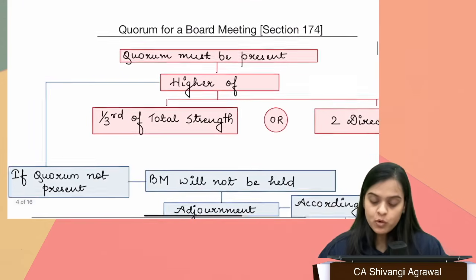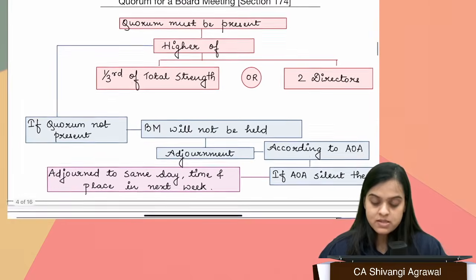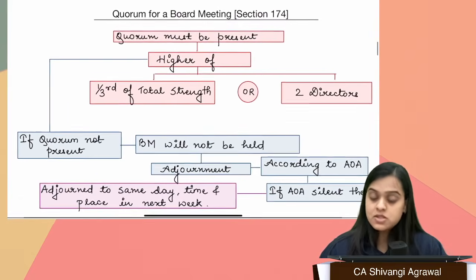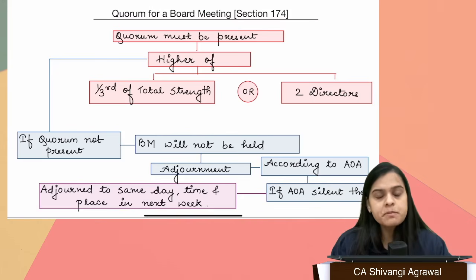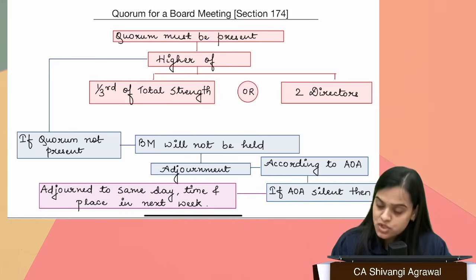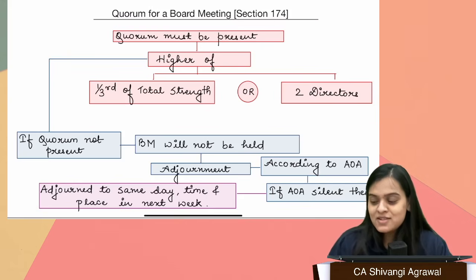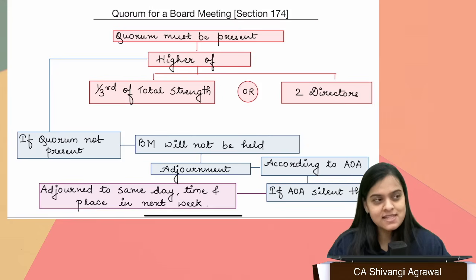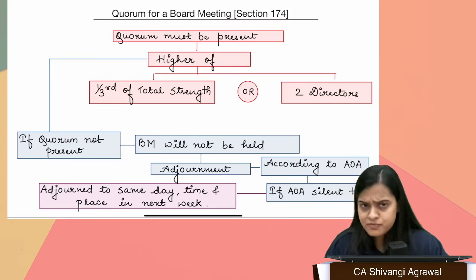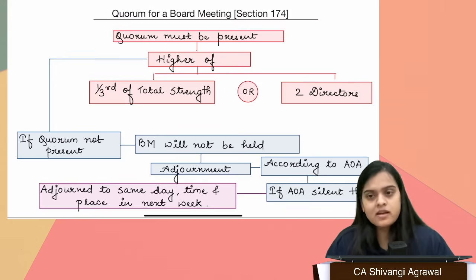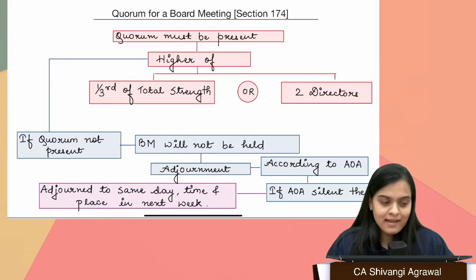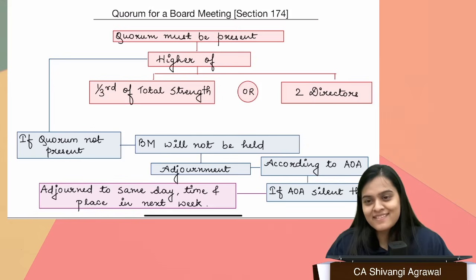Okay. Next, we move to section 174, which talks about quorum. Now, what is quorum? I already told you quorum is the minimum number of directors which are needed, because it is a collective decision and has to be collective. Let's say there are 15 directors in a company and just 2 directors walk in and they decide something.